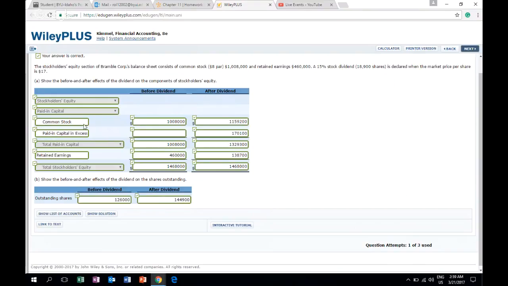When dealing with common stock, right here before the dividend, we see that the number is just the given number, the 1,008,000. Now, for the after dividend with the common stock, it's a little different.